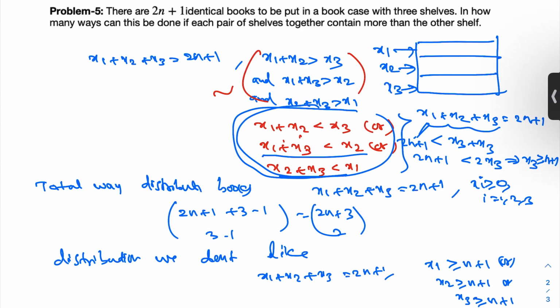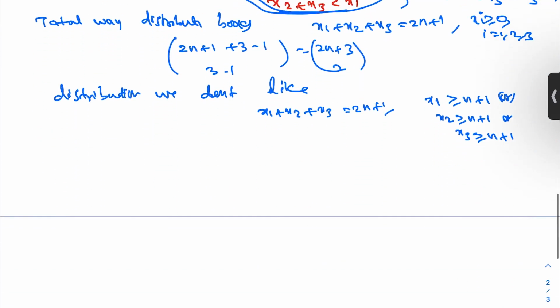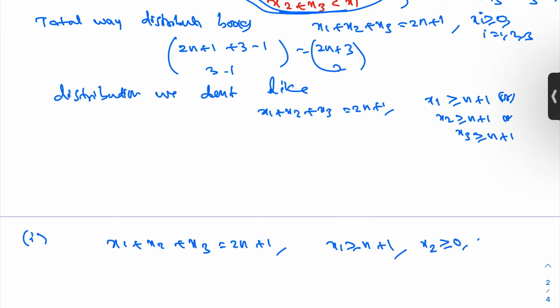Okay, so first let me do case 1. x1 plus x2 plus x3 equal to 2n plus 1 and x1 greater than or equal to n plus 1, and x2 non-negative, x3 non-negative. See, when I say "or" here, it is in the exclusive sense, because two things cannot happen.